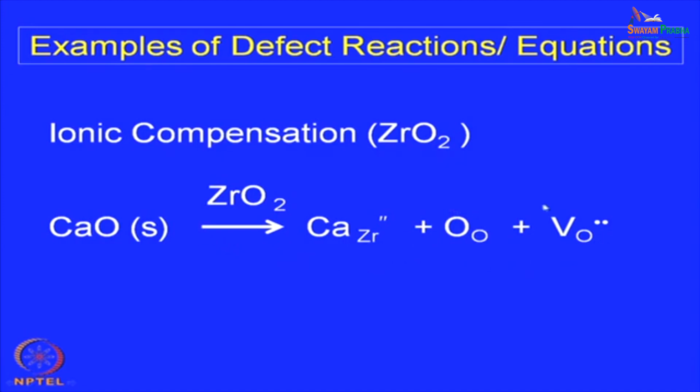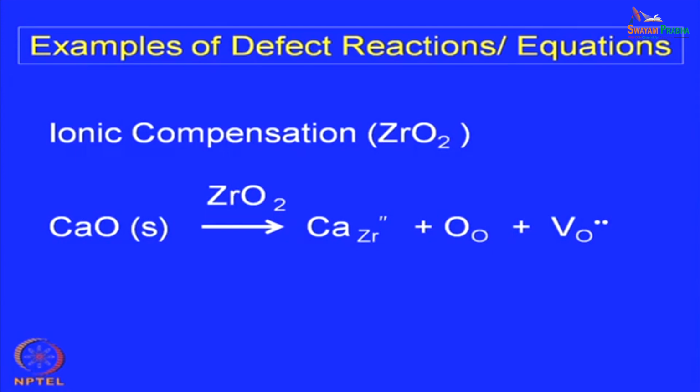In some of the important compounds such things happen. One of the very important examples is zirconium dioxide or stabilized zirconia. Zirconia, as you know, has 3 different polymorphs, and to stabilize the highest polymorph, the cubic polymorph, you have to add some other divalent metal oxides like calcium oxide.